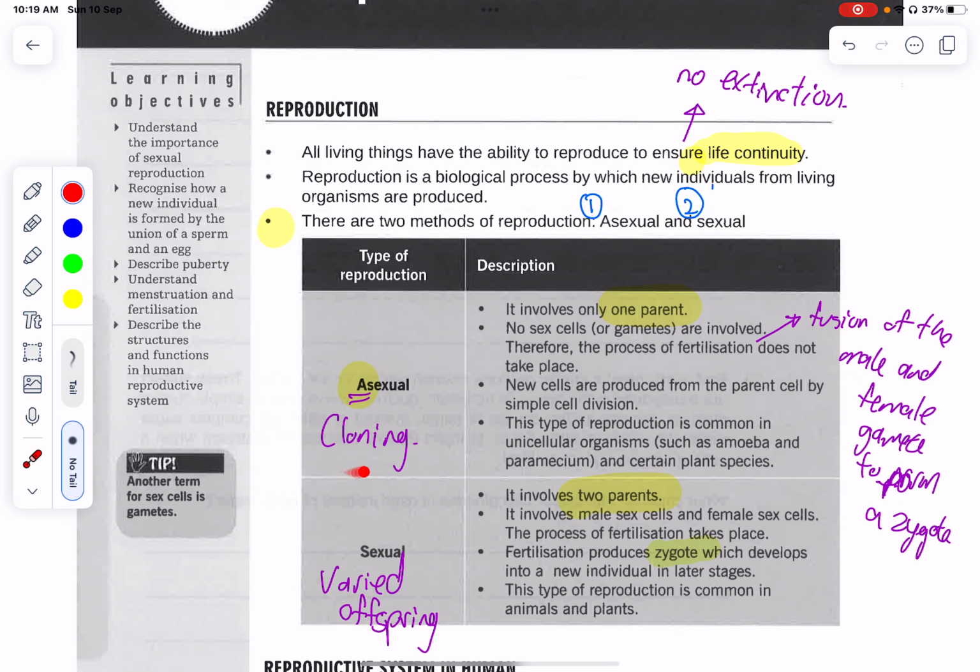Asexual reproduction does not really involve other types of parents, just one single parent, and this is something like cell cloning. In upper secondary, or even in JC, we'll learn this process is what we call mitosis. In this case, the process of fertilization does not take place because no gametes are involved, and these new cells are usually produced from the parent cell by simple cell division.